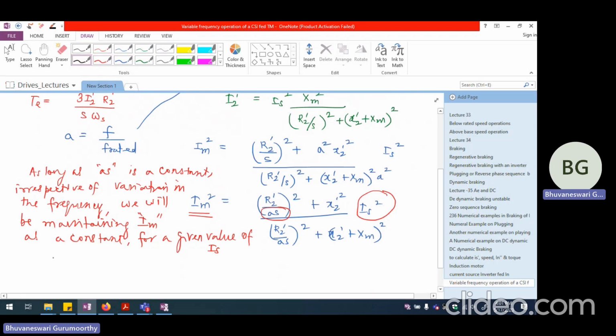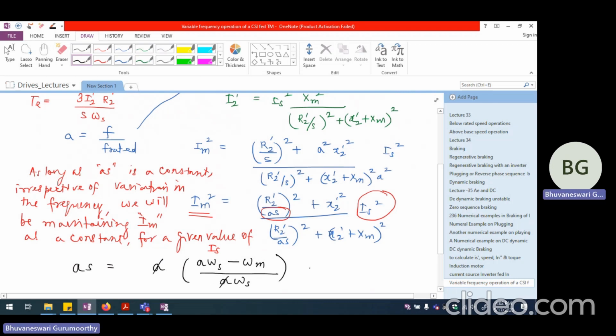About this AS we spoke when we were talking about VSI fed induction motor drive. So A times slip can be defined as A times omega S minus omega M, whatever is the mechanical speed of the induction motor's rotor, divided by A times omega S. Because A times omega S is now the synchronous speed, omega S being the rated synchronous speed, we will be able to cancel this and this now.